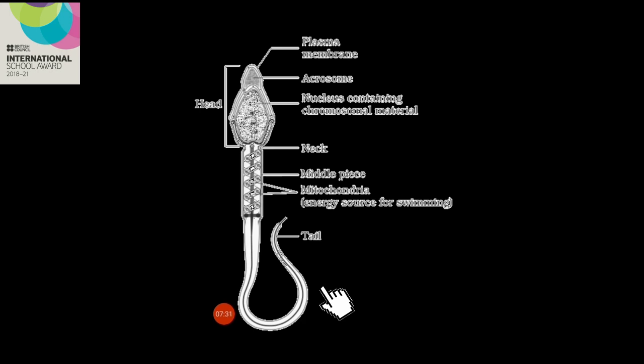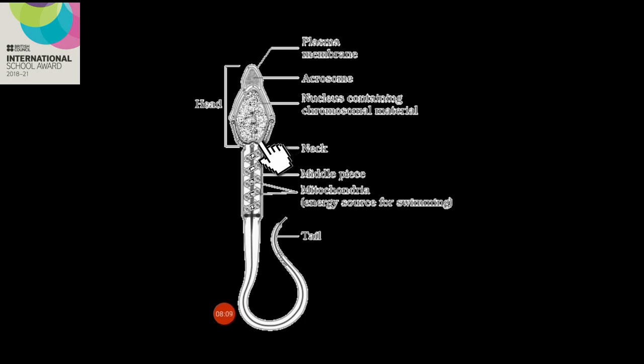I have said the parts of the sperm. I'll tell you it once more. The sperm contains three main parts: a head region, a middle piece region and a tail region. Head region contains a nucleus in it. Just above the nucleus, a cap-like structure can be seen, and this cap-like structure is known as acrosome. Acrosome contains certain hydrolytic enzymes and specific molecules for recognizing the ova, and in addition to that, it contains certain polysaccharides also.